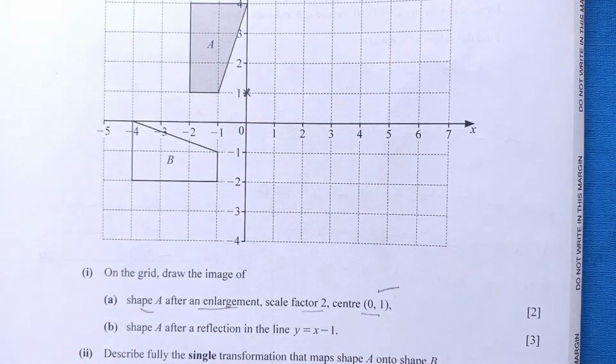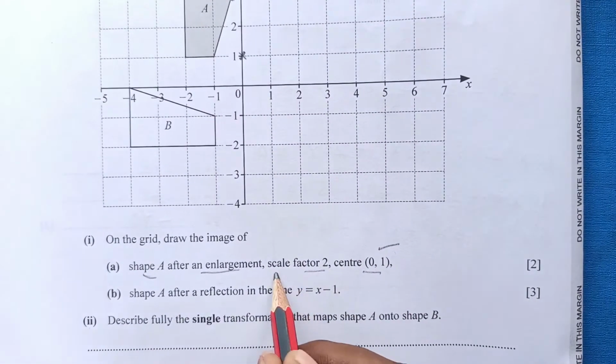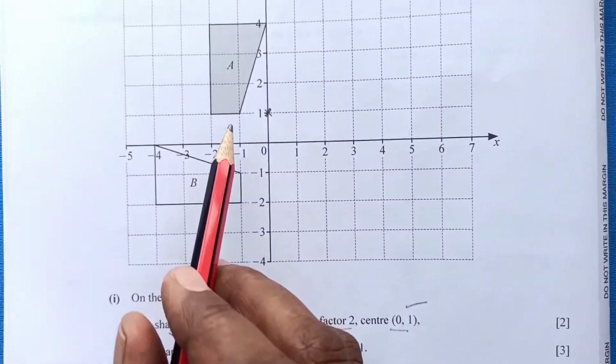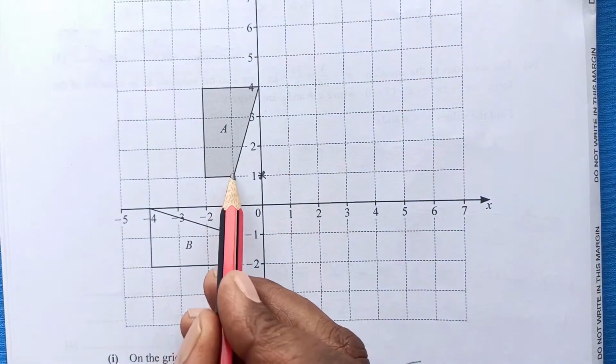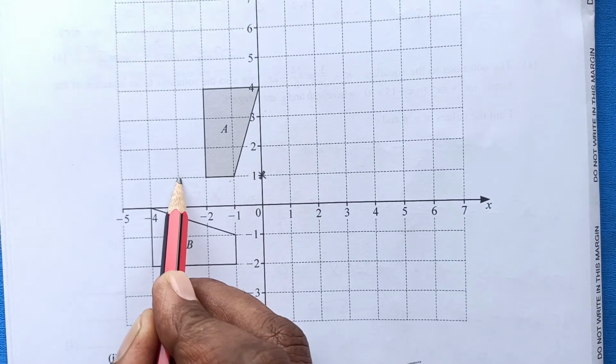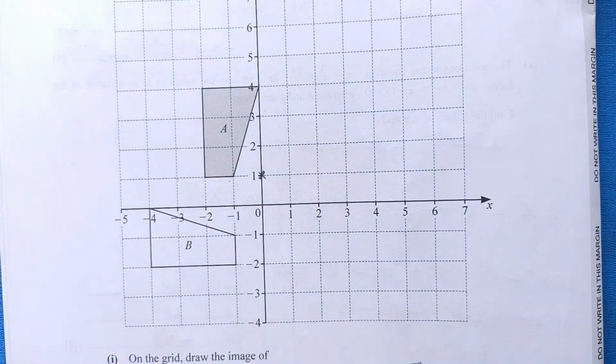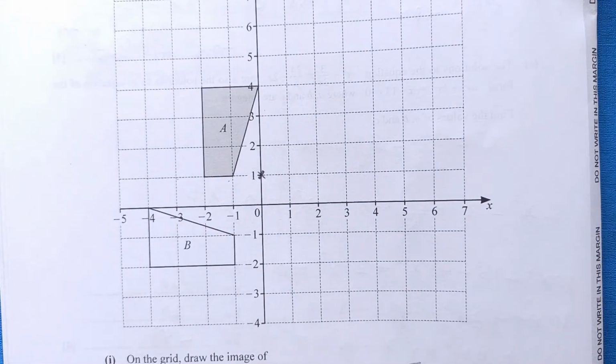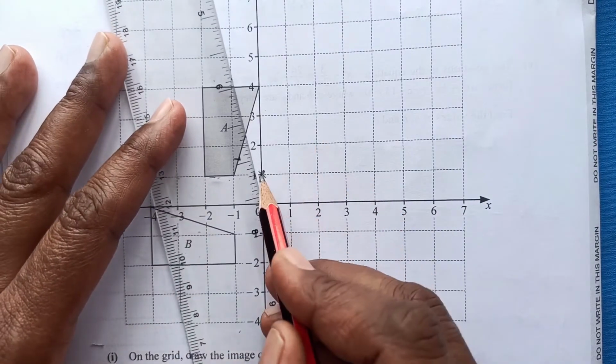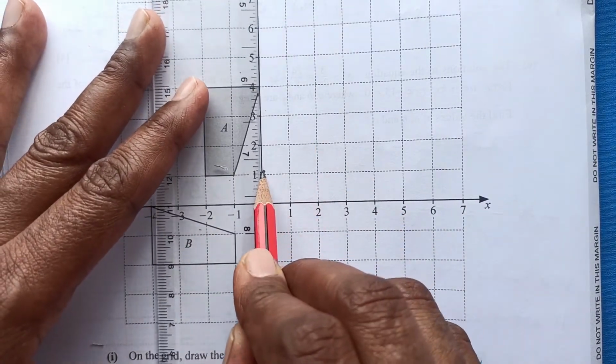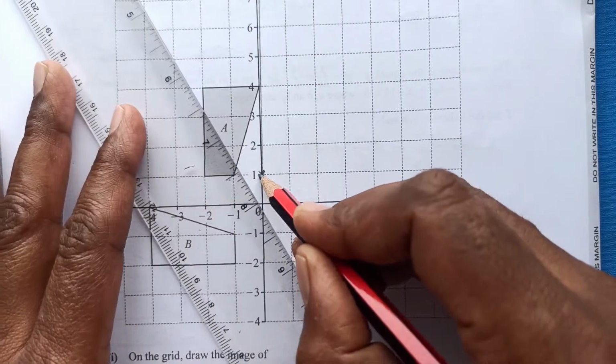So now for this one we need to look for the scale factor. Scale factor is 2, so every coordinate, these squares will be times 2. If this is 1, this is going to be 2, right? And enlargement, so we need to extend all the vertices from the center. So this is the line here.